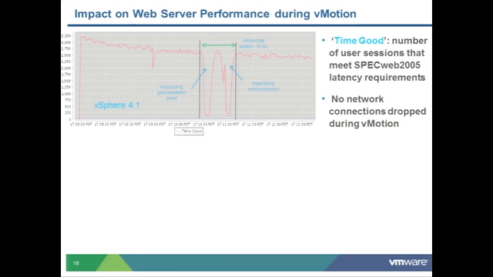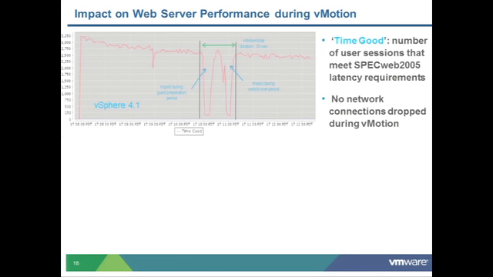During the steady state, we had 100% of the users meeting the quality of service requirements. But as soon as we started the vMotion, we saw two noticeable dips. The first dip was during the guest trace phase, because as Gabriel mentioned, tracing all the memory pages can have some impact on performance. Finally, we saw one more dip when we had to quiesce the VM and do a switchover.